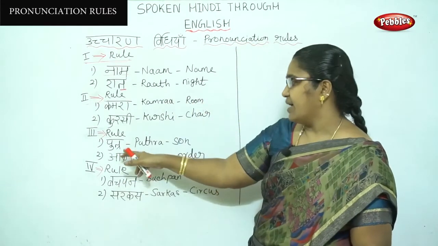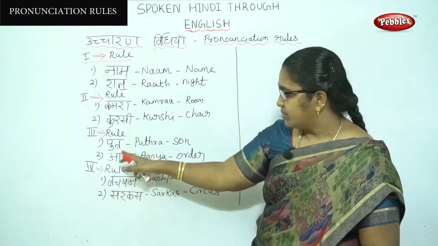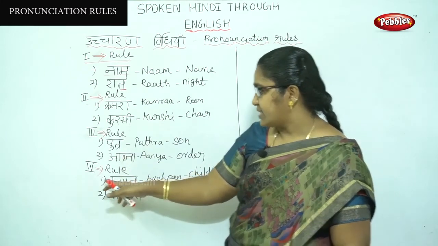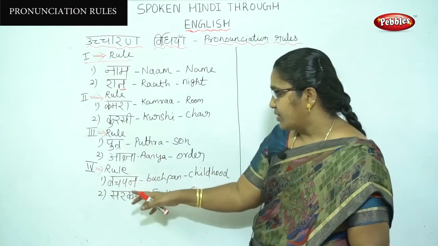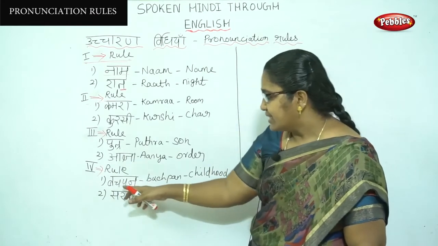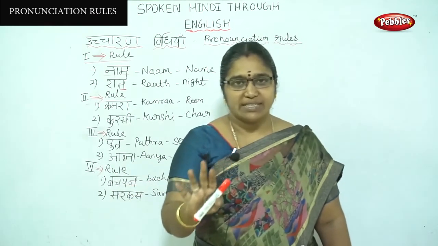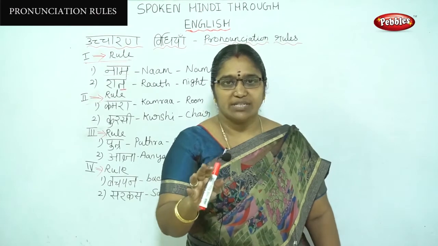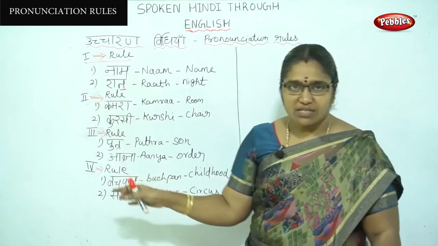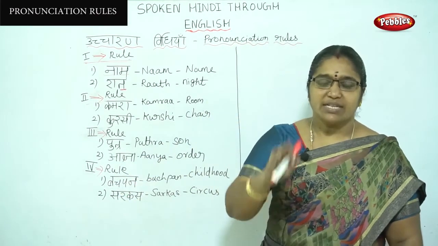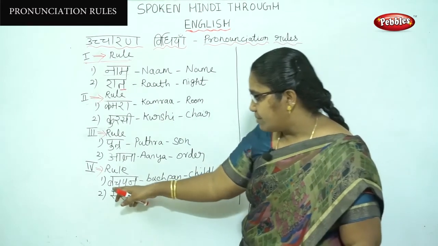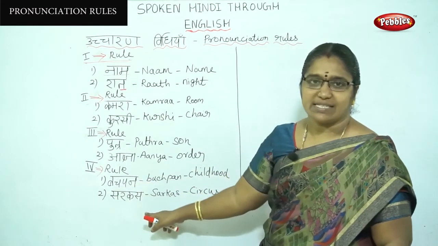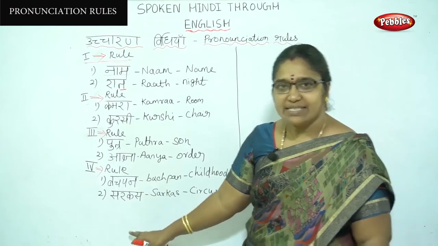See, putra, anya. Next, the fourth rule: in the 4-letter word, if the second letter and the fourth letter are a short sound, then it is pronounced as consonants. That is bachpan, circus.